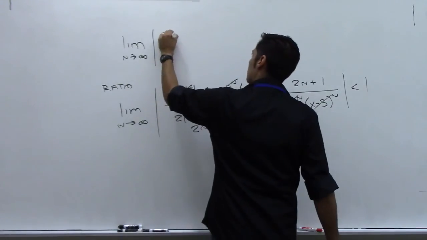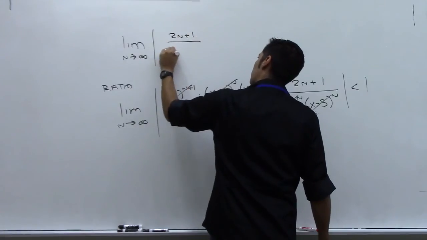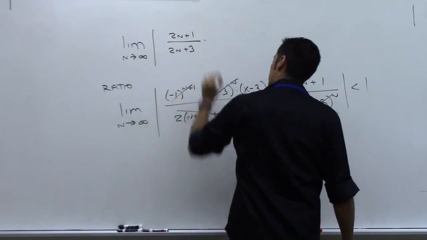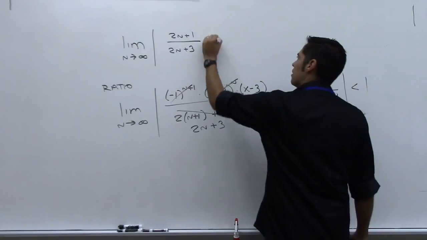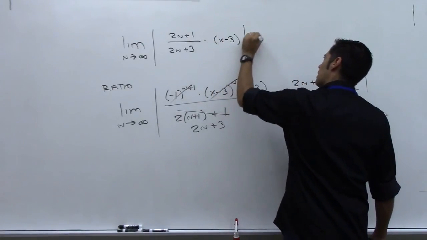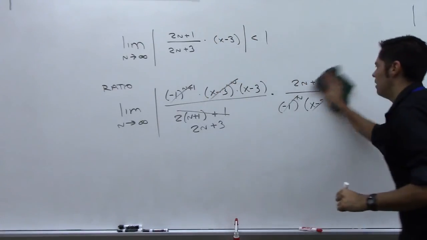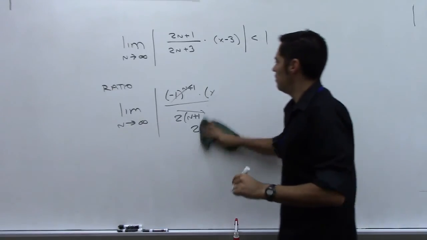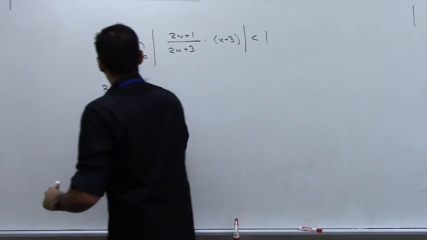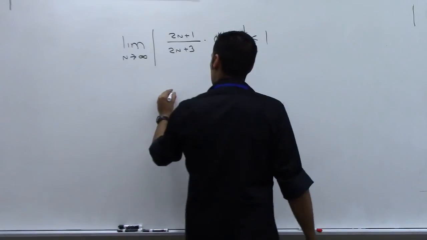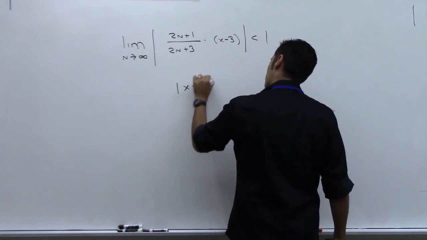Got 2n plus 1 here, 2n plus 3 here, times, in terms of x's, I just have x minus 3. I need that to be less than 1. The factor over there with n's in it is infinity over infinity, L'Hopital. You get 1. So you get absolute value of x minus 3 is less than 1.